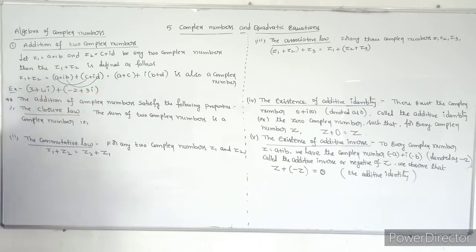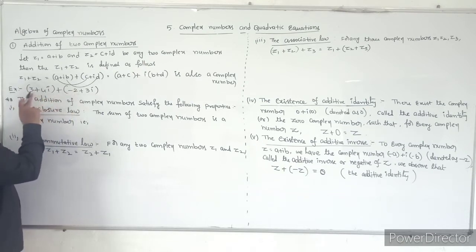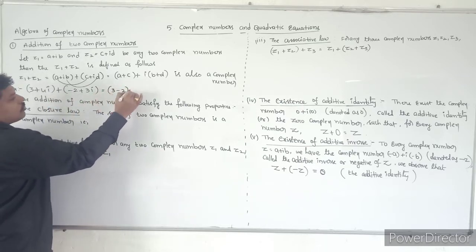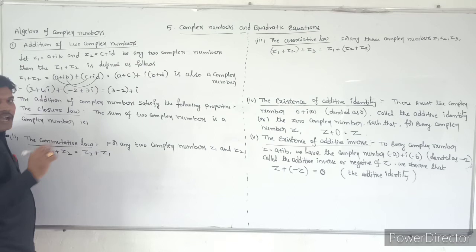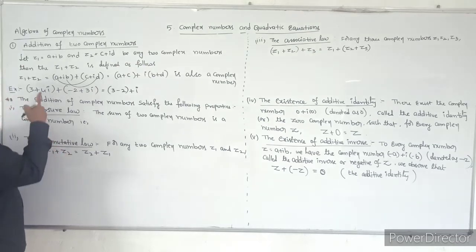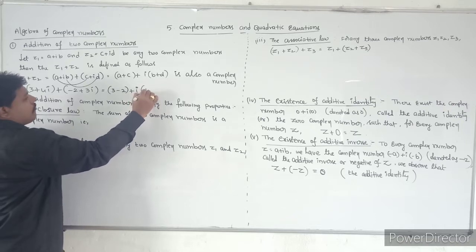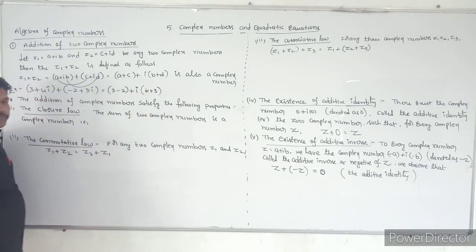So I am going to add these. First you have to take the real parts. What are the real parts? 3 and minus 2. Add them: 3 minus 2, plus i into, take the i out of the imaginary parts. This is 4i and this is 3i. Taking the i out, it will become 4 plus 3.